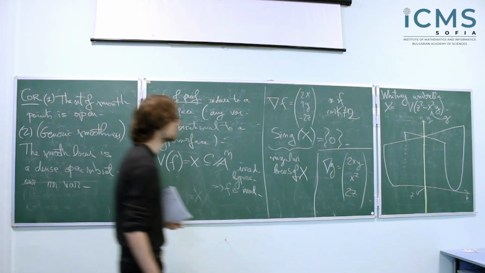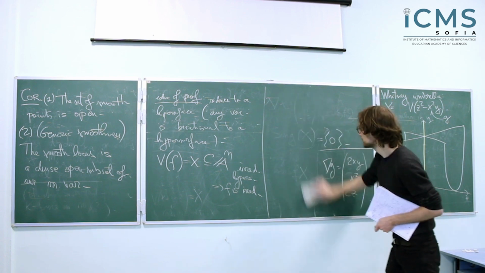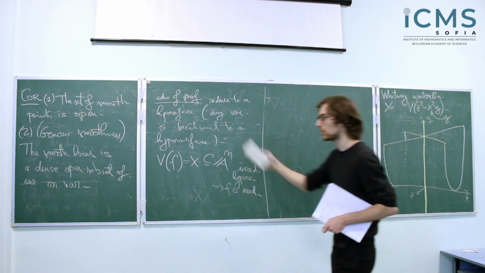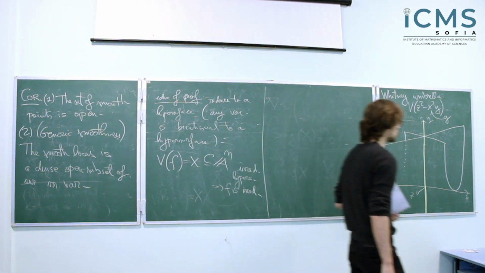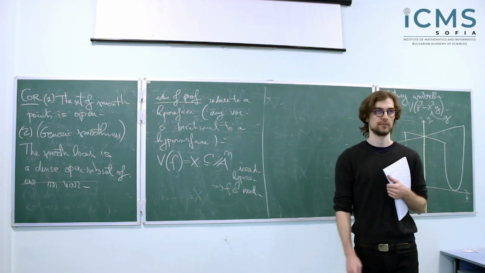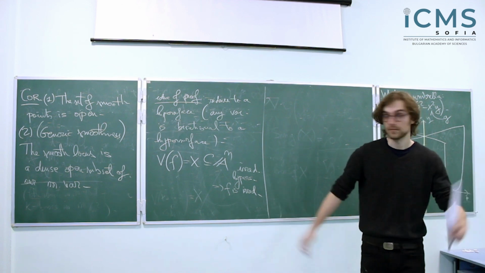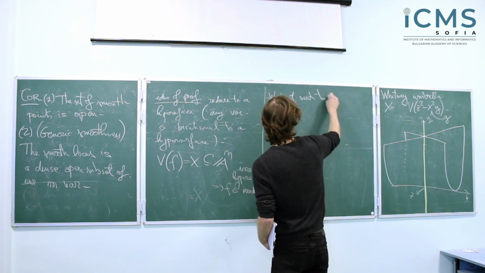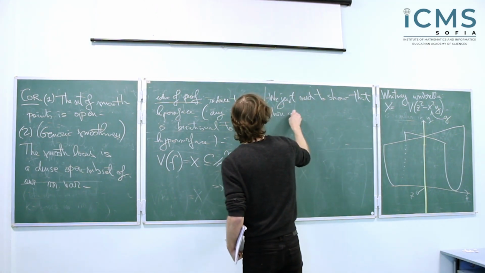We know that the smooth locus is open. So in order to show that it is open dense, we just need to show that it is non-empty, because open subsets of irreducible topological spaces are dense, right? We just need to show that there are smooth points.